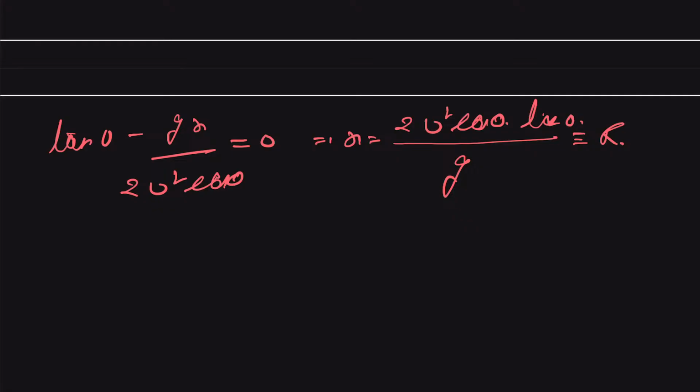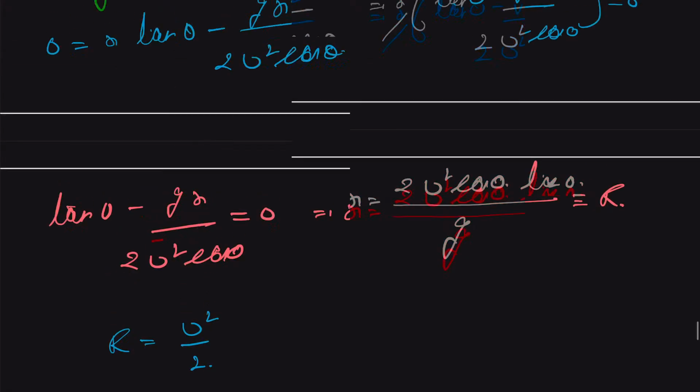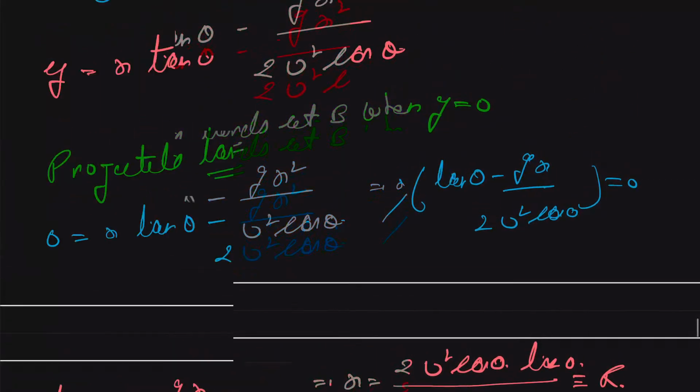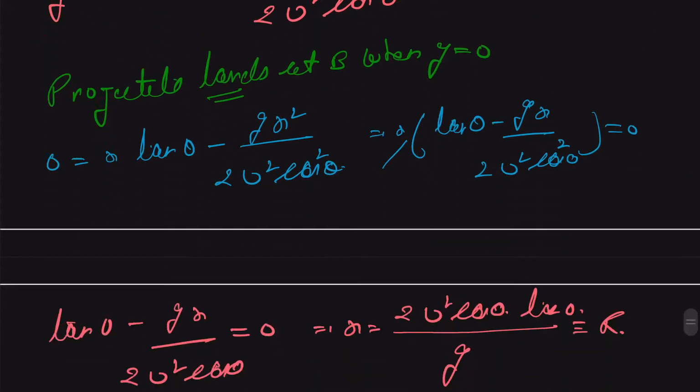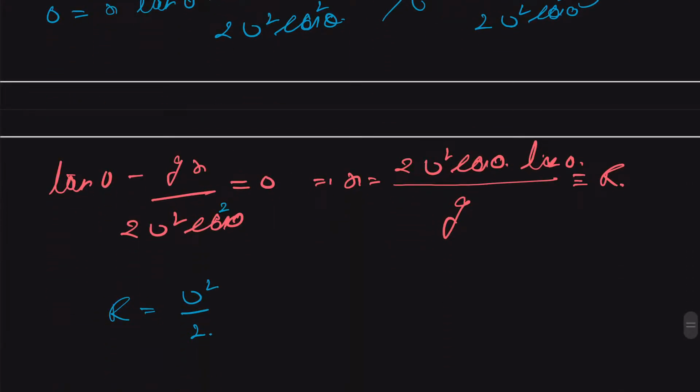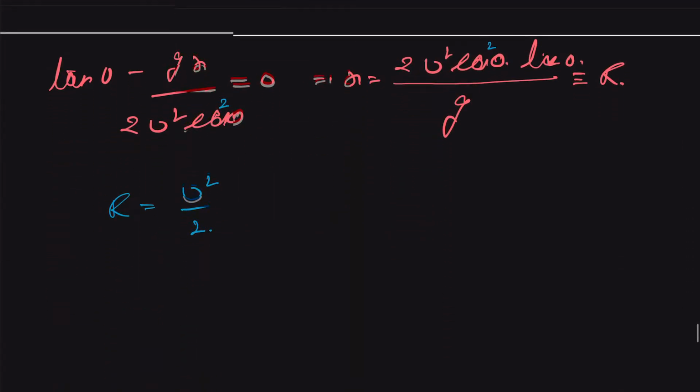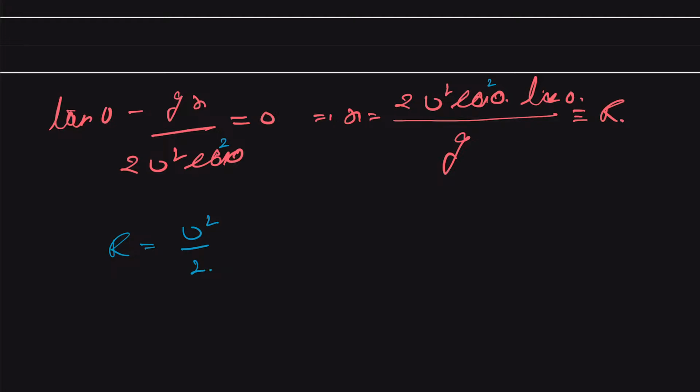Therefore from here we get our range is equal to v square upon g, and one second, I missed something. I missed a square. So this is left with 2 sine theta cos theta, which will give us sine 2 theta. Okay.